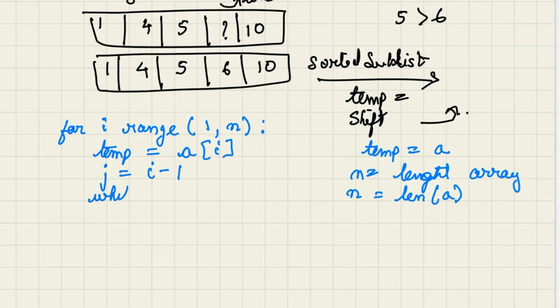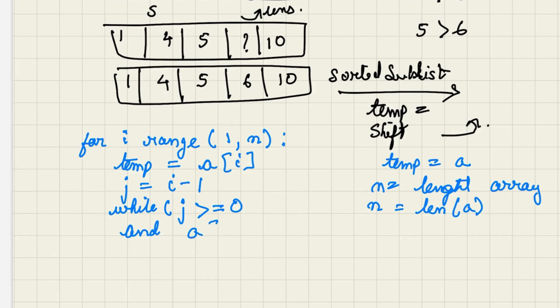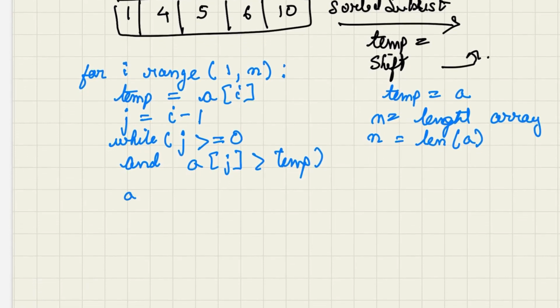Now I will create a while loop in which I will check whether j is greater than or equal to 0 and A of j is greater than temp. Then only the condition will be satisfied and I'll shift my letter to the right.